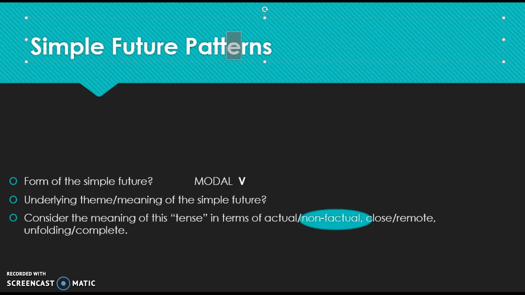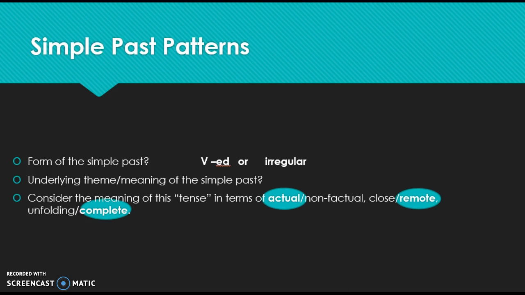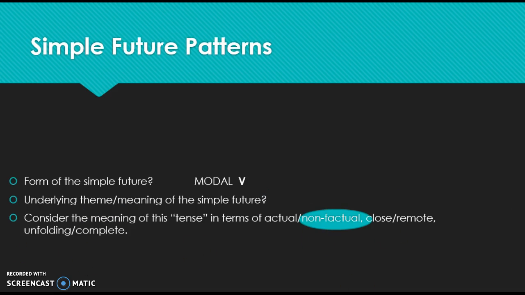So every verb that is labeled with the grammarian term future will have a modal, like will or would or should. So it'll be a modal, then a verb. The other thing of interest is these will be non-factual events. They wouldn't have actually happened yet.